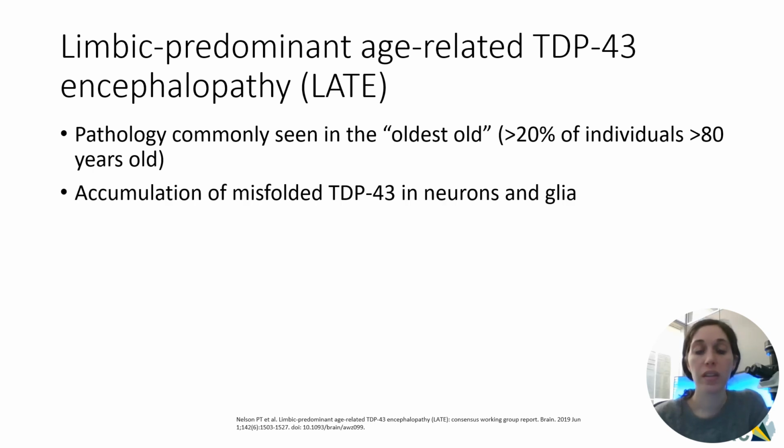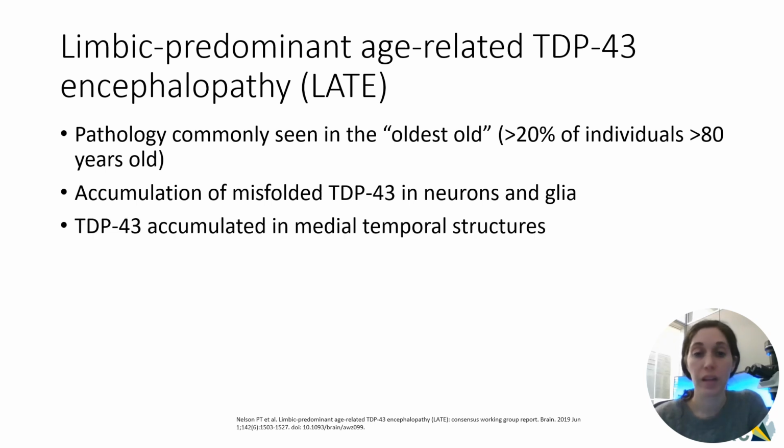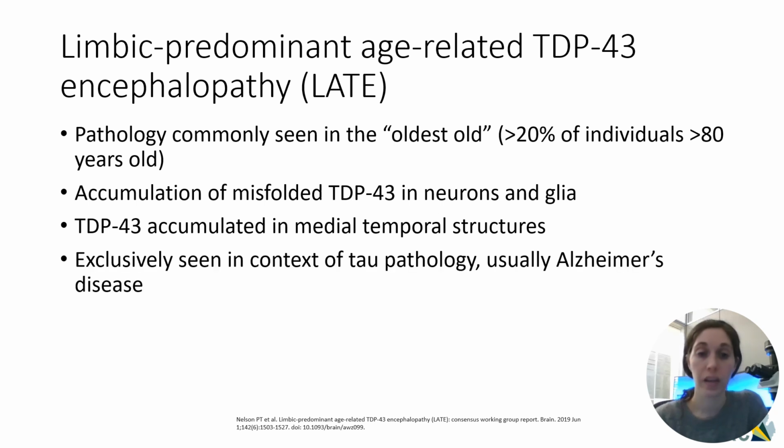So in this pathology, you see an accumulation of this protein, TDP-43, in both neurons and in glia. Particularly, you see this accumulation in the medial temporal structures, the amygdala, the hippocampus, and then it eventually spreads out into the frontal cortex.